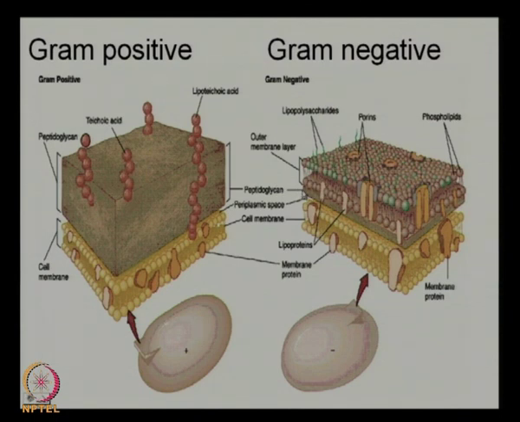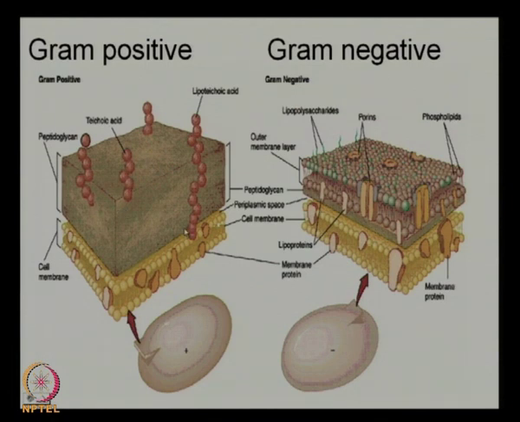The outer membrane is not there in this group of bacteria, while here the lipopolysaccharide, porins, some other complex membrane proteins and lipoproteins are there, but in the other case we get the teichoic acid, lipoteichoic acid and so on. That means some differences are there.